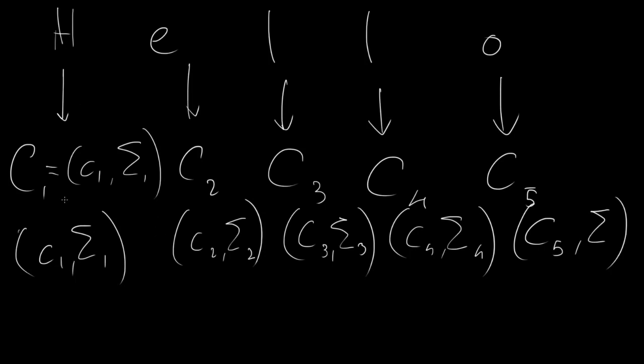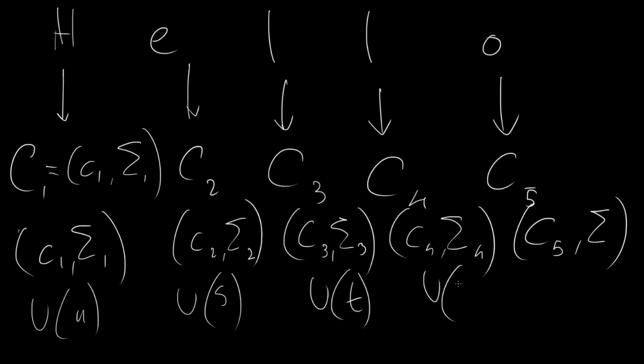Each of them has been generated by running the algorithm from the beginning. So this element would be an element of UN. This would be an element of something else, let's call it US. This would be an element of UT, UV, UW. Alright? So these tuples are disjoint.